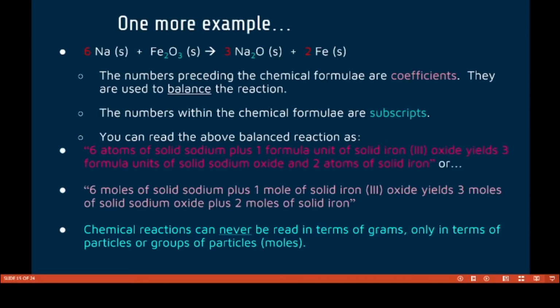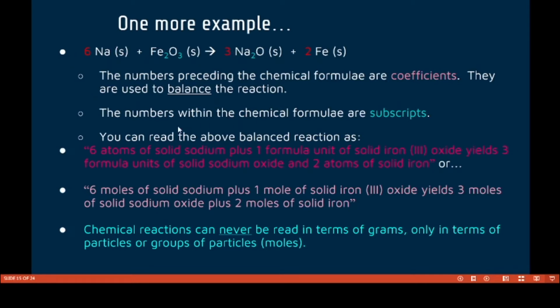One more example. See here: 6Na plus Fe2O3 gives 3Na2O plus 2Fe. Here the atoms are balanced. The numbers preceding the chemical formulas are coefficients. This 2, this 3, this 6, we call these coefficients. They are used only to balance the reaction.